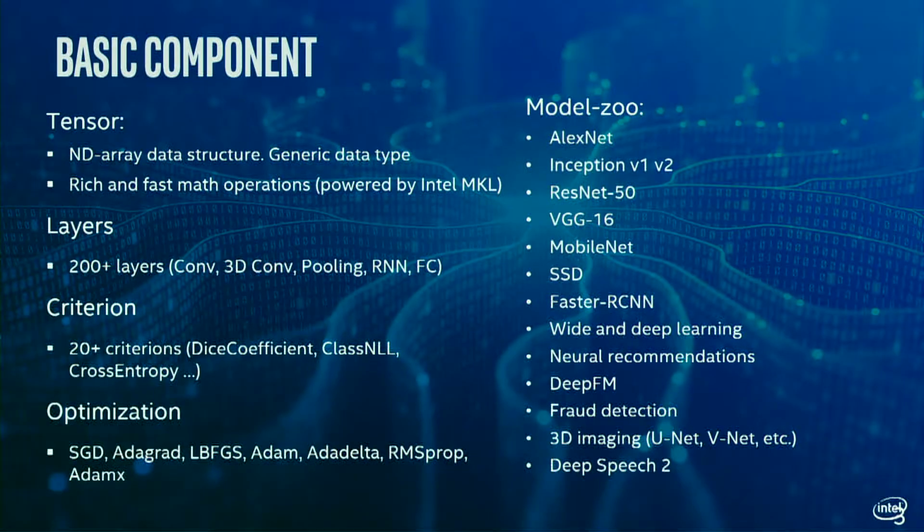So about the basic components. For building a deep learning library on Spark, we have to provide a few elementary elements for any deep learning applications. So first we got tensor, which is basically a multi-dimension matrix array structure, kind of like the ND array in Python. And it's a generic data type.